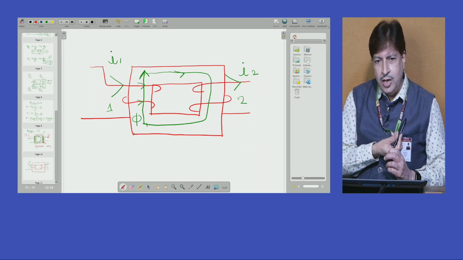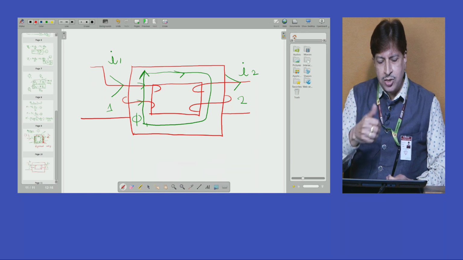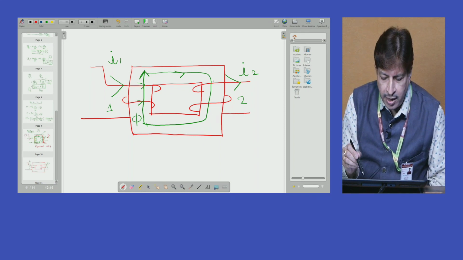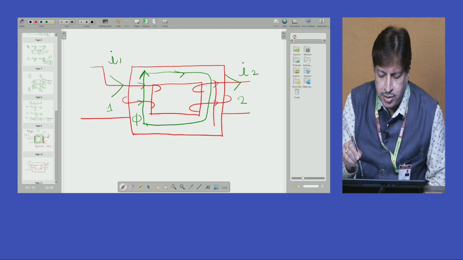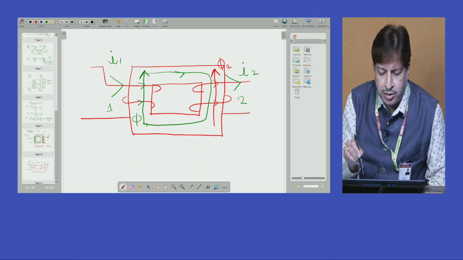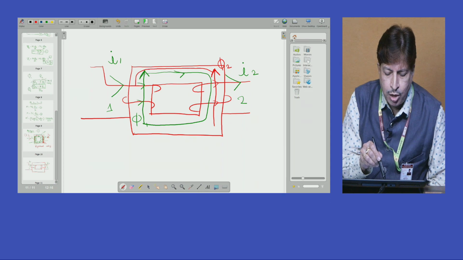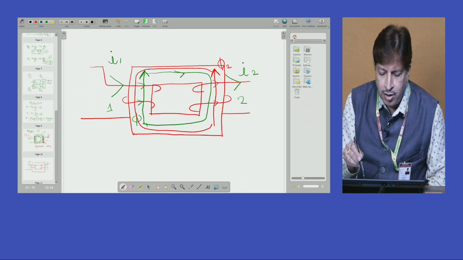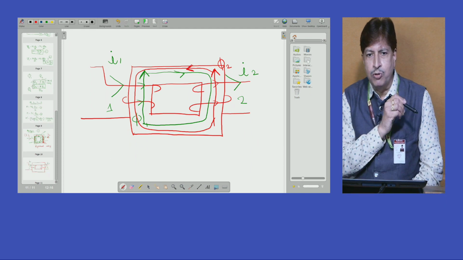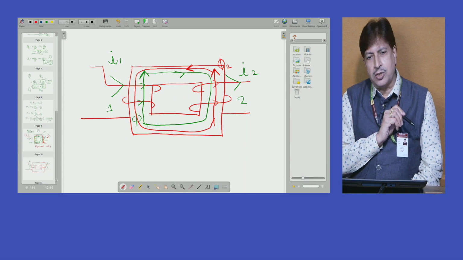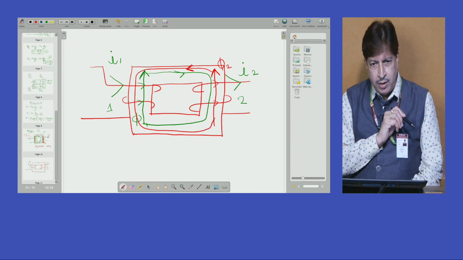Now if you see, the fingers are enclosed in the direction of current, the projected thumb is giving the direction of flux, and this particular flux direction, if you see in the core, it is moving exactly opposite to the flux of coil number 1.